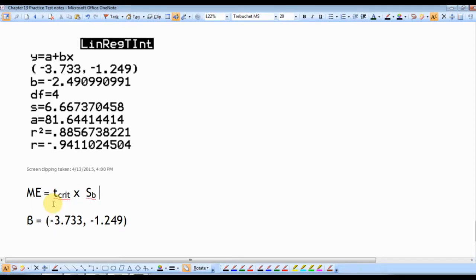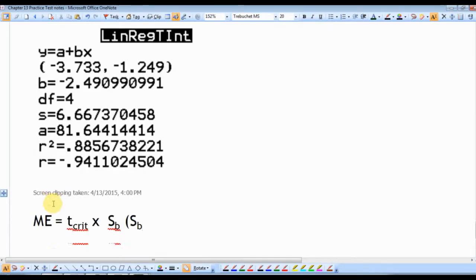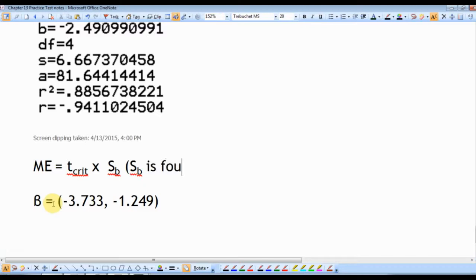SB is found on a chart. And would we need to satisfy the same conditions for the t-test? Yeah. And then we're going to say beta is going to be equal to b plus or minus the margin of error.